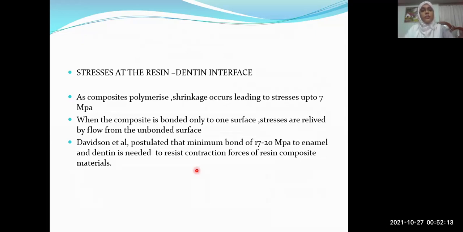Why? Because when you have composite around the dentin, shrinkage occurs, and because of this shrinkage you have stress. This stress again can become a reason for incomplete bonding of the bonding agent to the tooth surface.